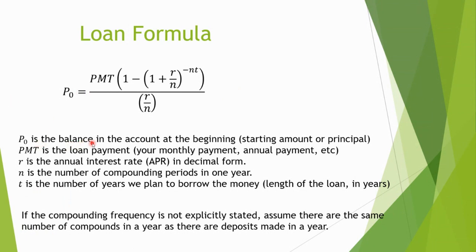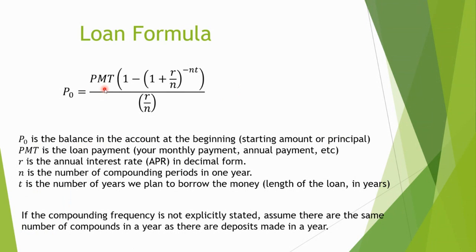That's the balance now at the beginning, the principal, it's called. PMT is the monthly payment, the payments that we're making at regular intervals. So for instance, it could be the monthly payment if we're making payments monthly.